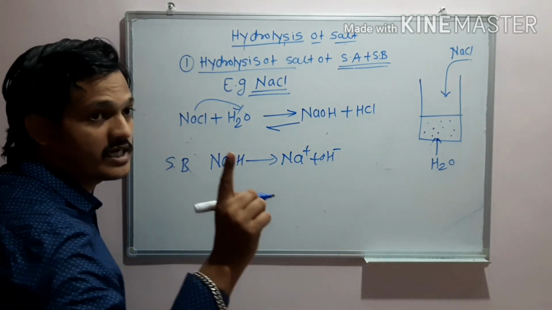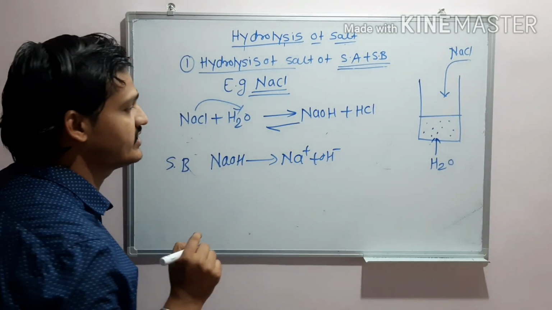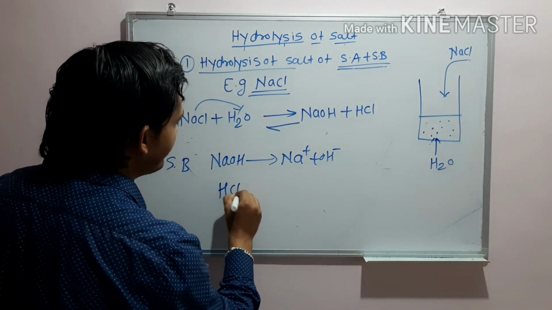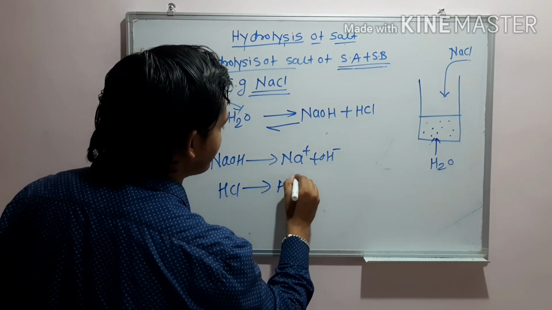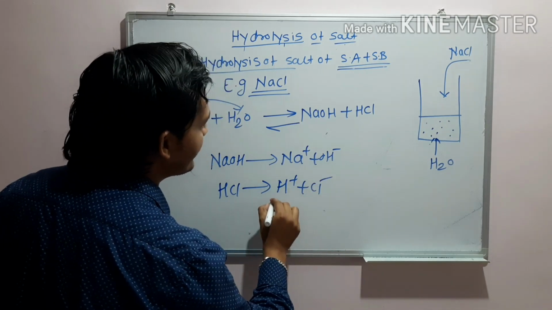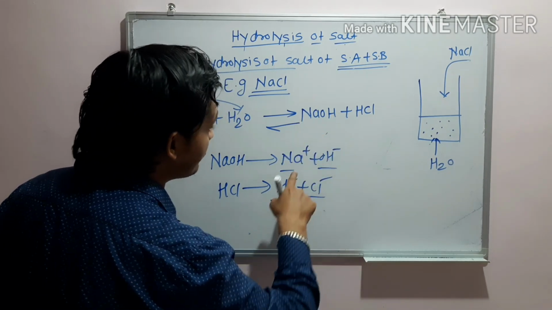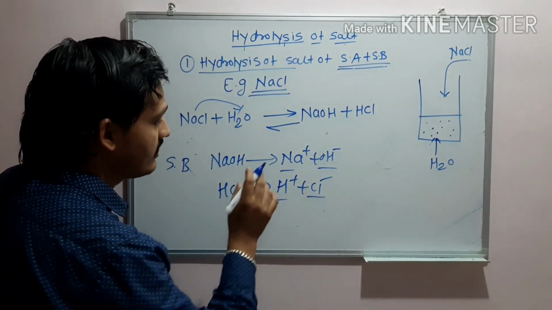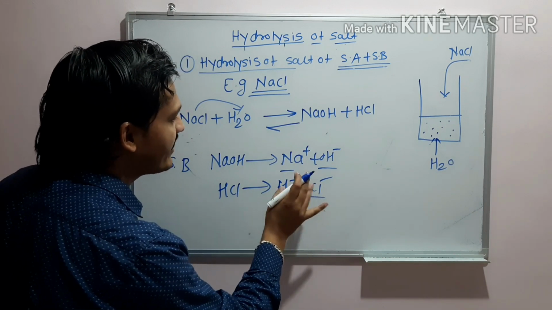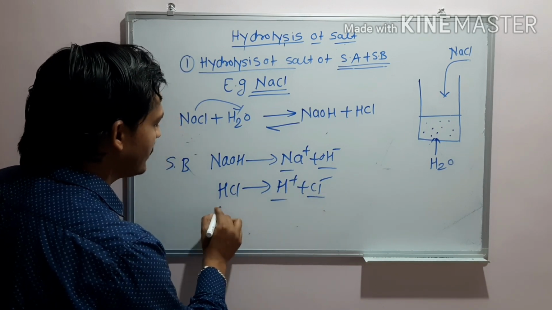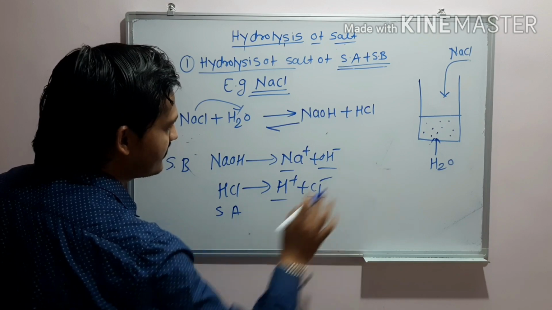As we know, strong electrolytes have 100% dissociation. If HCl is formed, it dissociates as H+ and Cl- ions, so it will remain in aqueous ionic form. H+ and Cl- ions can't be combined because HCl is a strong electrolyte and it dissociates 100%.